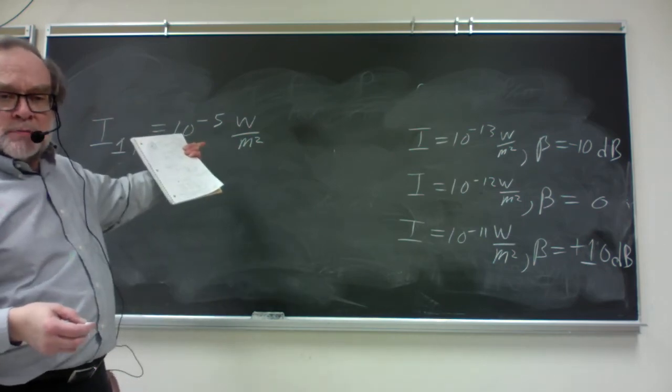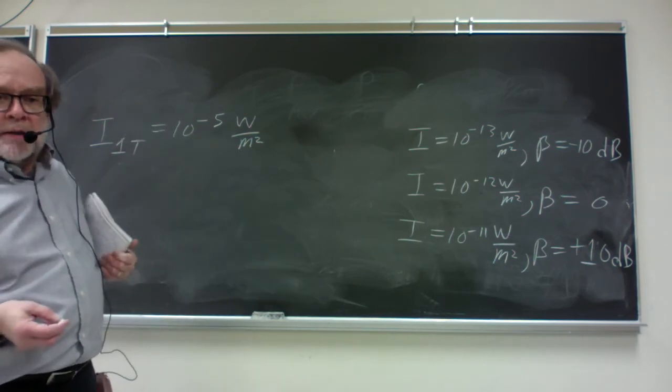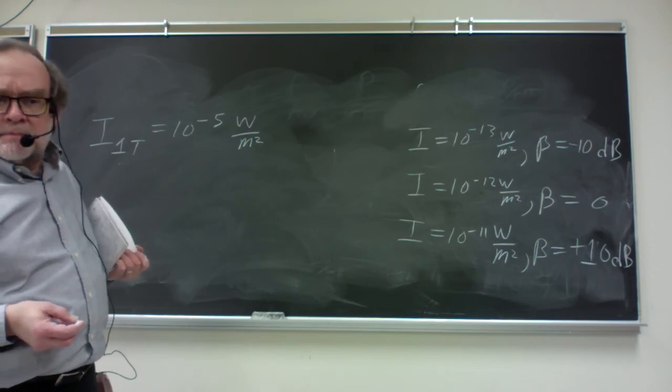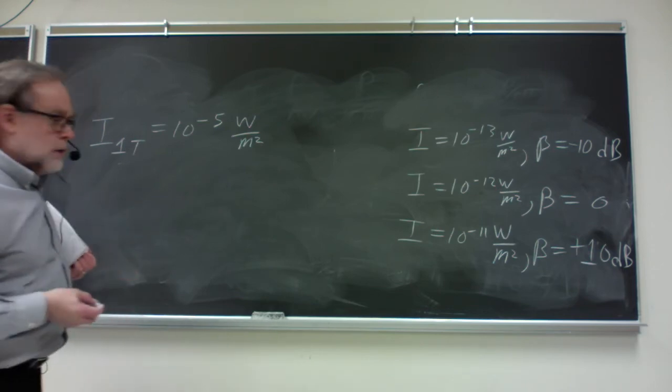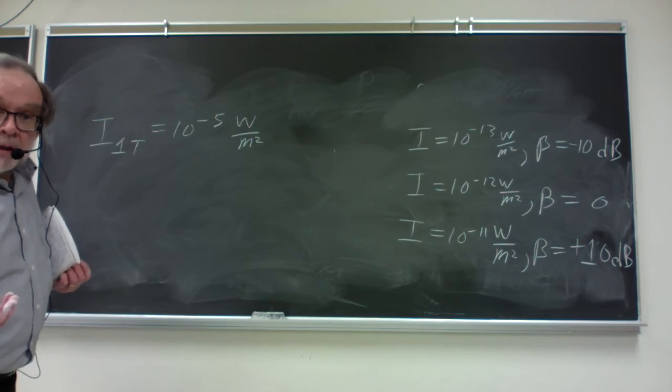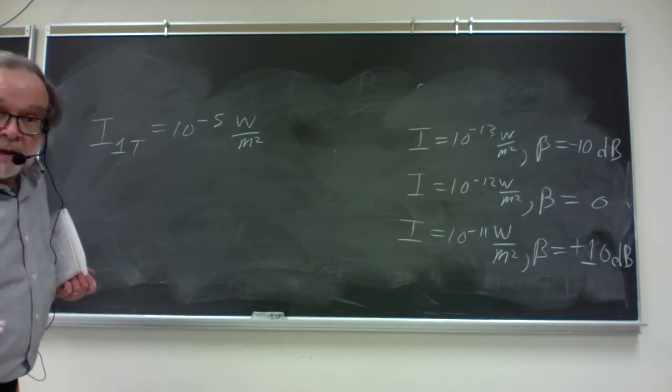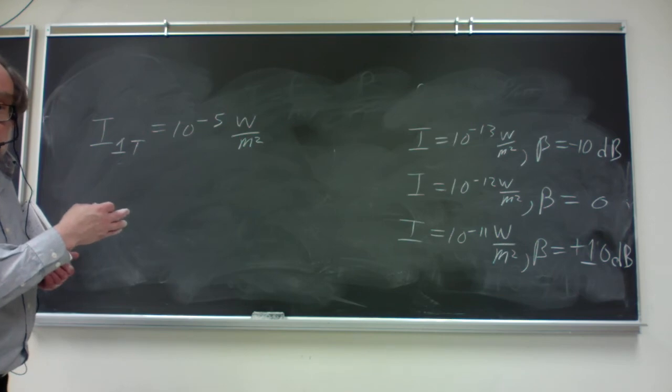It sounds like a really small number, but when you're right there in the band, it's a loud noise. First of all, what's the decibel level corresponding to the intensity of one trombone?